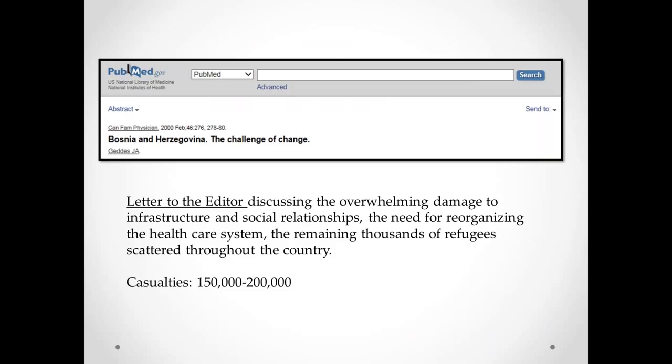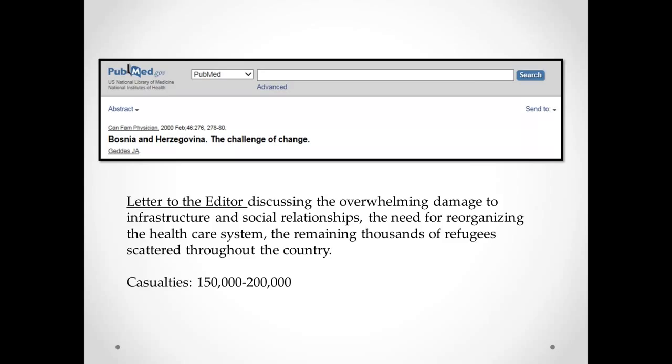So what types of studies and publications are possible in such time? Here's an example from the Bosnian War, a letter to the editor discussing the overwhelming damage to the infrastructure and social relationships in that area, and calling for reorganizing the healthcare system and taking care of the remaining thousands of refugees scattered throughout the country.